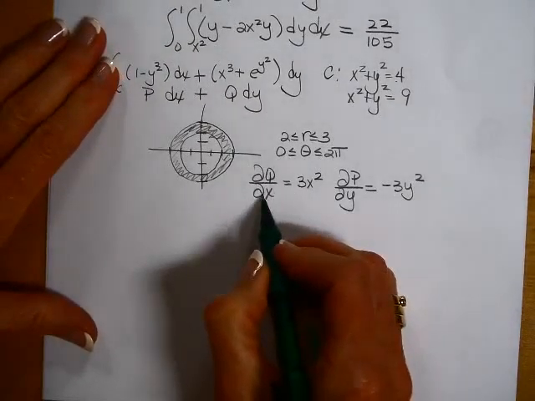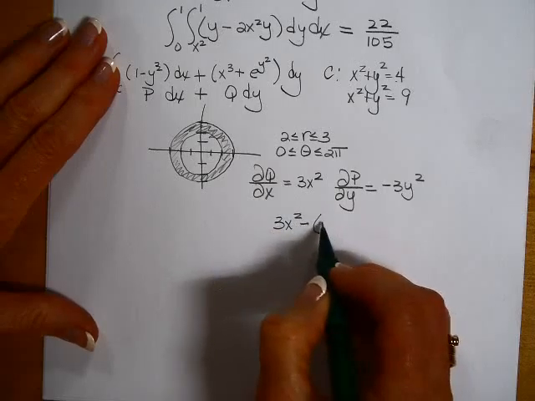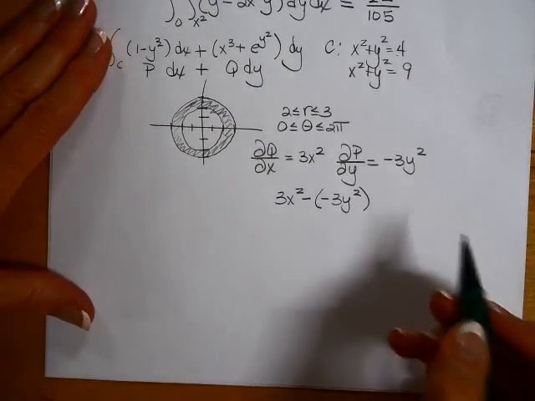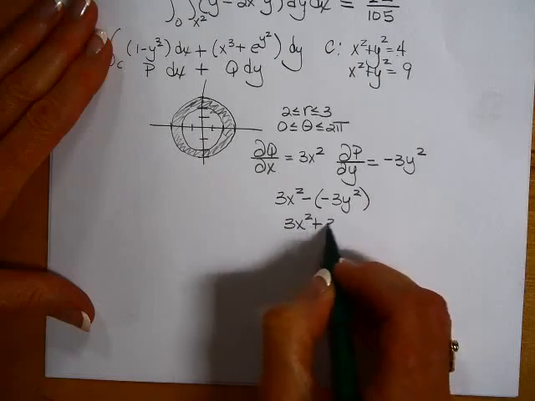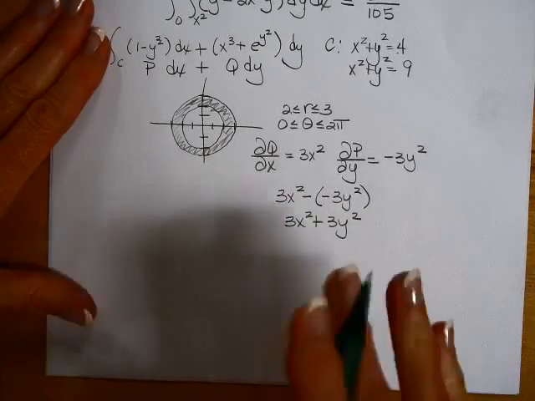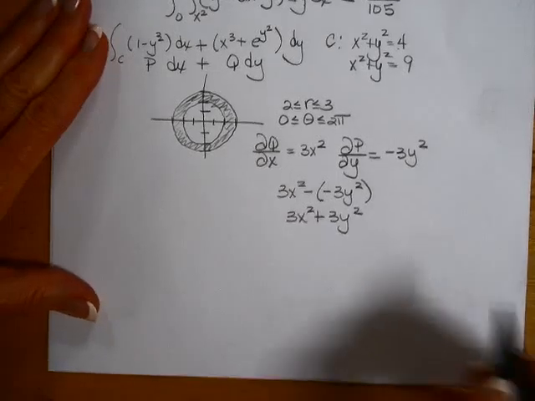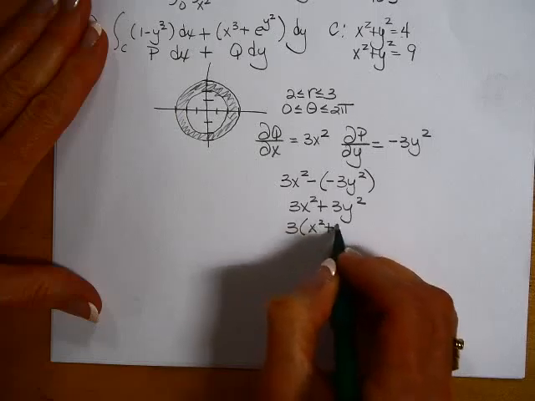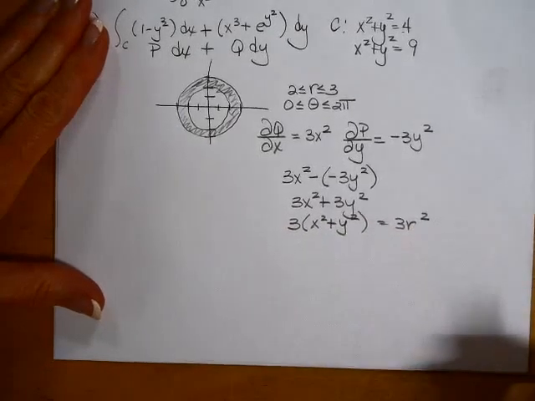And when I do 3x squared minus negative 3y squared, I'm going to get 3x squared plus 3y squared, which I need to change to polar coordinates. Are y'all following me before I put it in my integral? So this would be 3 times x squared plus y squared, which is 3r squared.